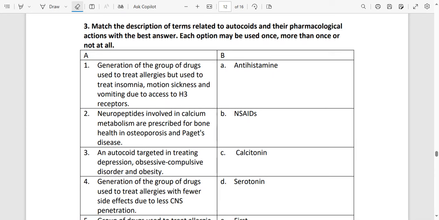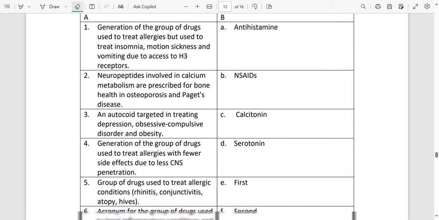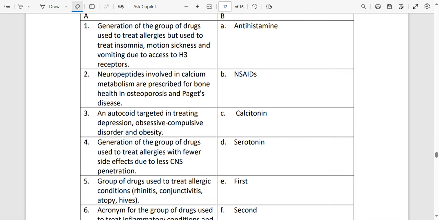Match the description of terms related to autocoids and their pharmacological action. Generation of the group of drugs used to treat allergies but also used to treat insomnia, motion sickness, and vomiting. Just think of it.